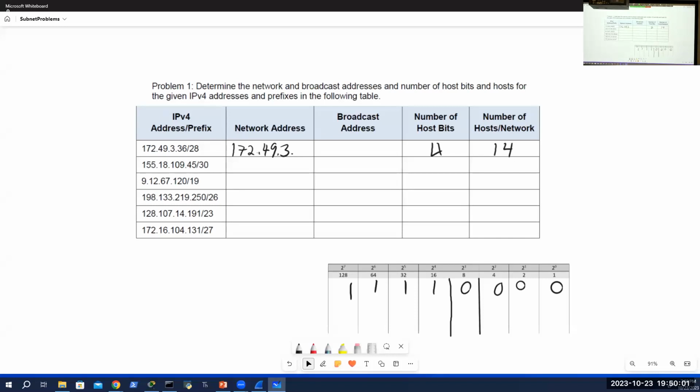We're going to have a value of 240, which is the 4th octet value of our subnet mask. But what we care about is what subnet the 36 is in. The rightmost 1 bit is always the increment that our subnets are based on.